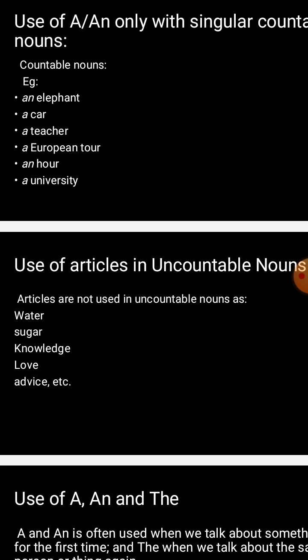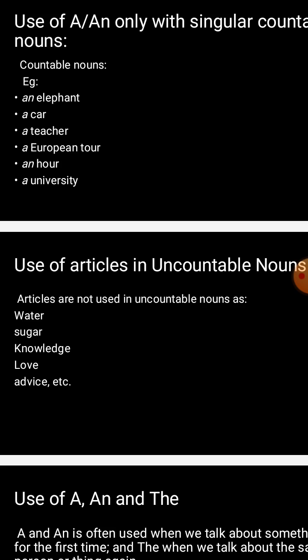A kg of sugar. So then it can be counted when you say 1 kg of sugar. Give me a kg of sugar. Means 1 kg. But you can't count sugar. Grains of sugar. That is why sugar, these are all uncountable nouns.